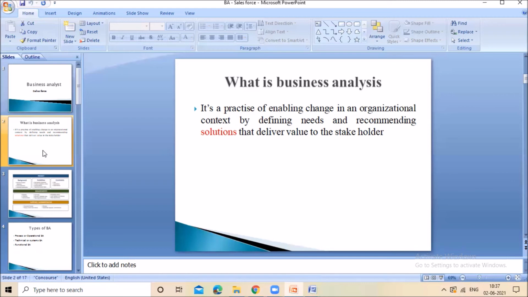Followed by this, we discuss the knowledge areas of BA, because every business analyst must be good with knowledge areas: business analysis planning, enterprise planning, what is a business case, how to define the business case, and what points we have to consider. There are some practicalities involved. I'll give you some assignments, some homework, which you need to work on.